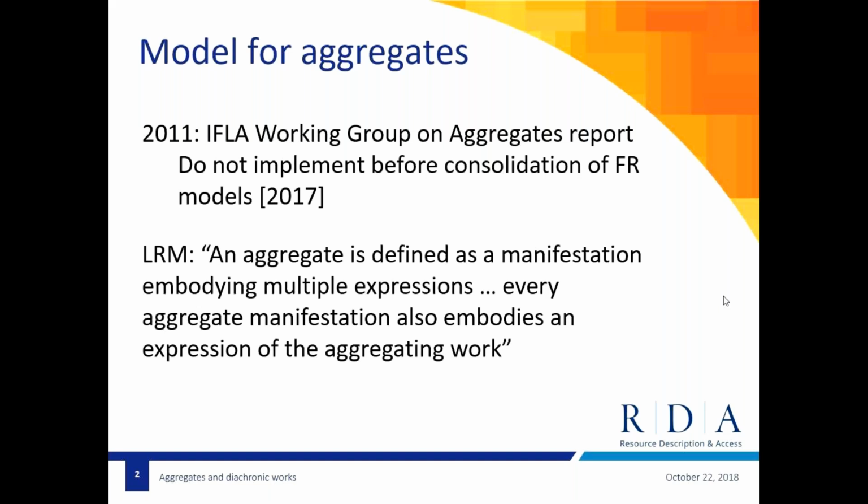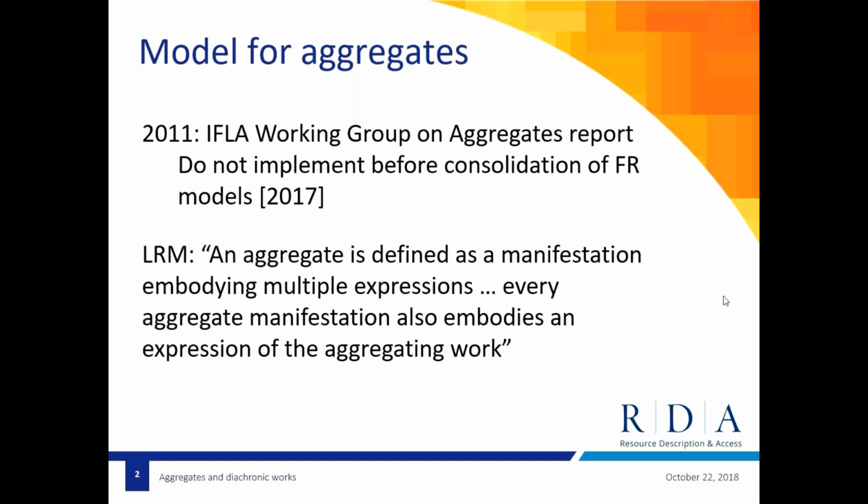It selects expressions, not works, because you can't embody a work as such without saying which version, which translation, which expression you are including in the content of the aggregation, of the aggregated manifestation.